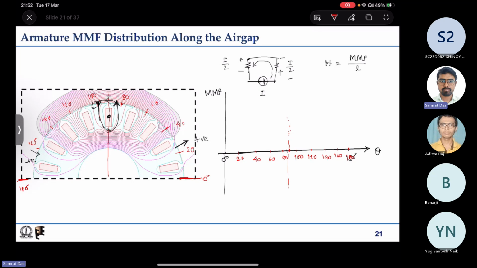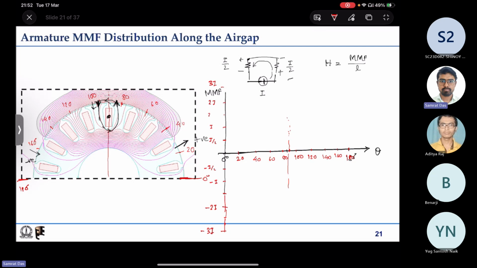So let me indicate some vertical lines also: I by 2, minus I by 2, I, 2I, 3I like that. So this will be minus I, minus 2I, minus 3I in this manner.